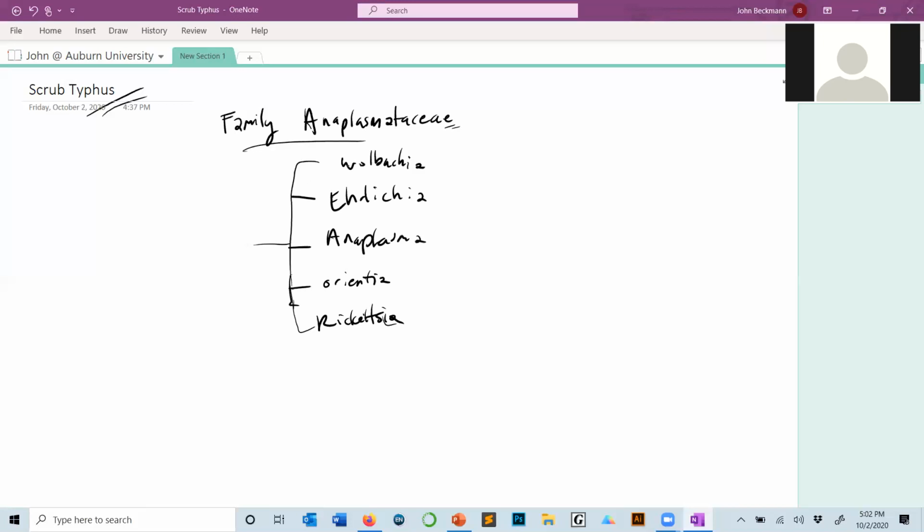And we should know that this family will be on the test for sure, because this family is so intricately linked to vector biology. Another interesting thing to remember is that this family is thought to share a common ancestor with mitochondria.